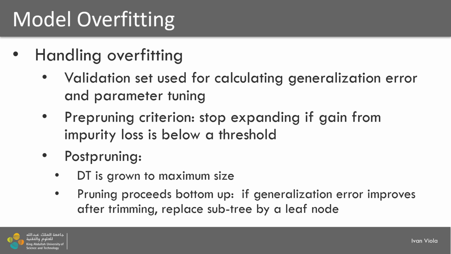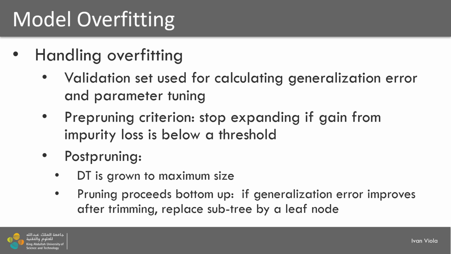Before we decide to keep growing a tree, we stop expanding it if the gain from impurity loss is below a certain threshold. So we will have our choice of which attribute to use. But even if we choose the best one and the impurity loss or purity gain is below a certain threshold, then we might decide that this is not worth it, and we will not even expand into child nodes. That is called pre-pruning.